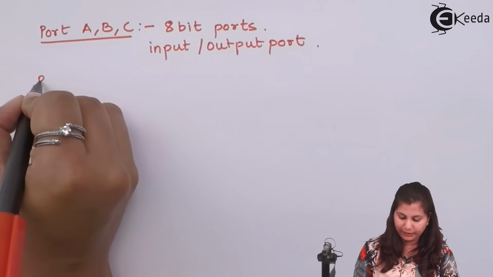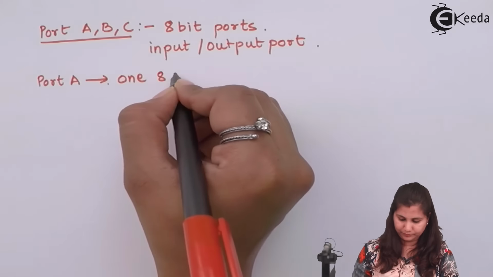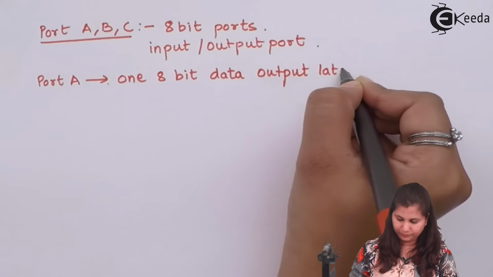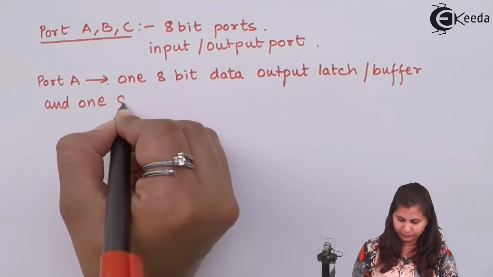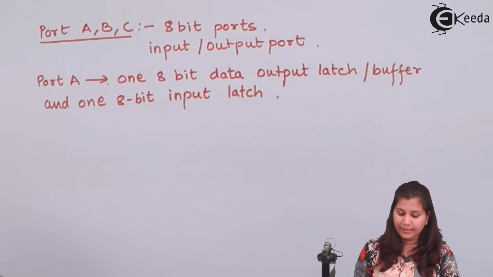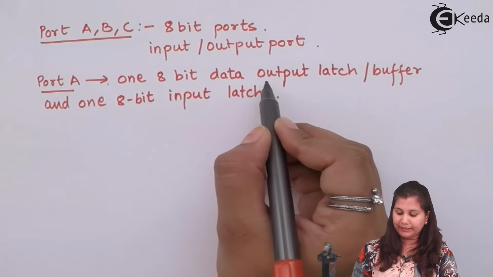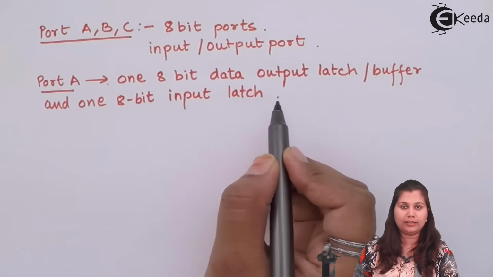First we will have port A. This port A has one 8-bit data output latch or buffer and one 8-bit input latch.